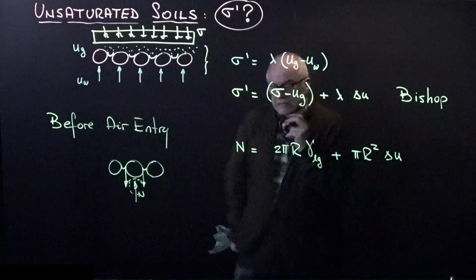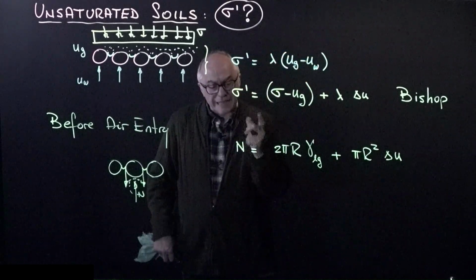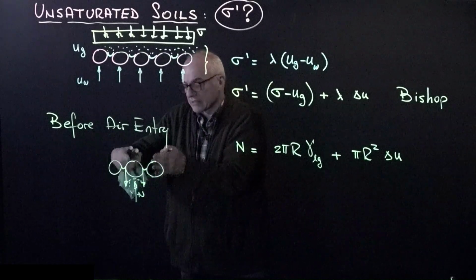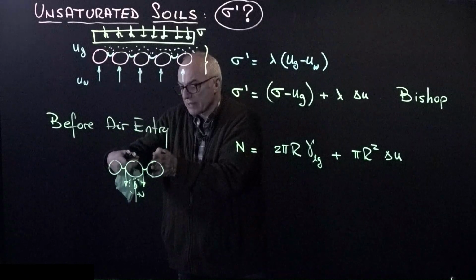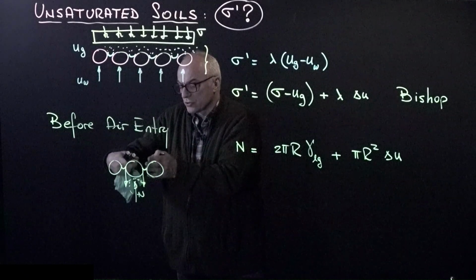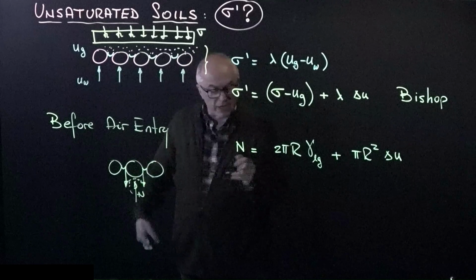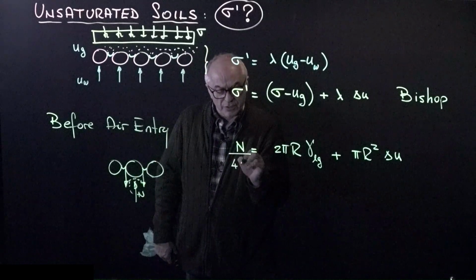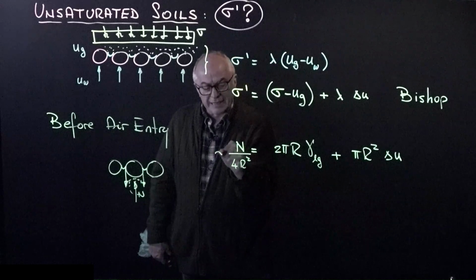Now, if we divide by the diameter squared, the equivalent area of influence of a particle, let's say in a quasi-simple cubic packing configuration, is going to be 2r times 2r. So if I divide by 4r squared, I get an idea.